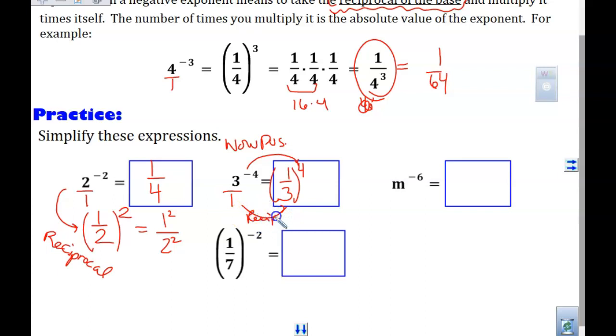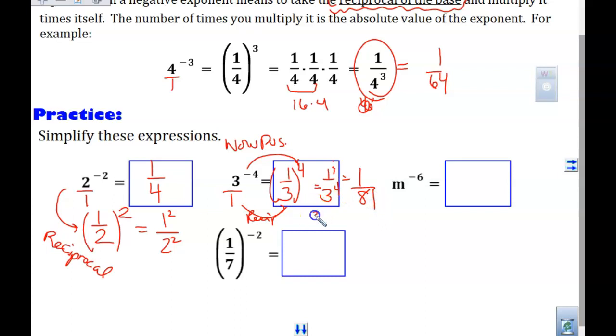And so if I am looking at that, my answer is 1 to the 4th over 3 to the 4th. 3 to the 4th is 3 times 3, 3 times 3 is 9, and 9 times 9 is 81, right?